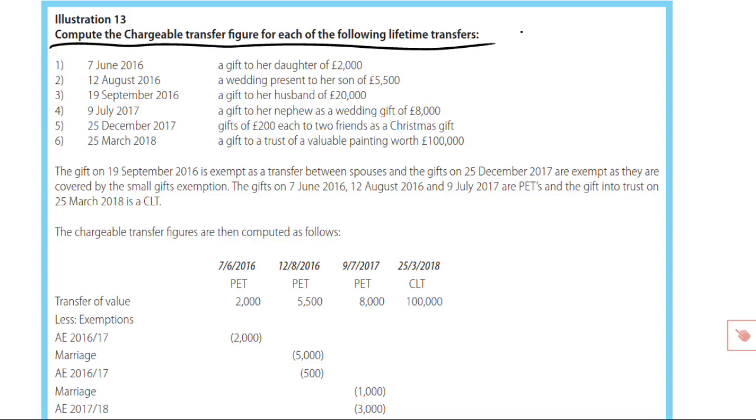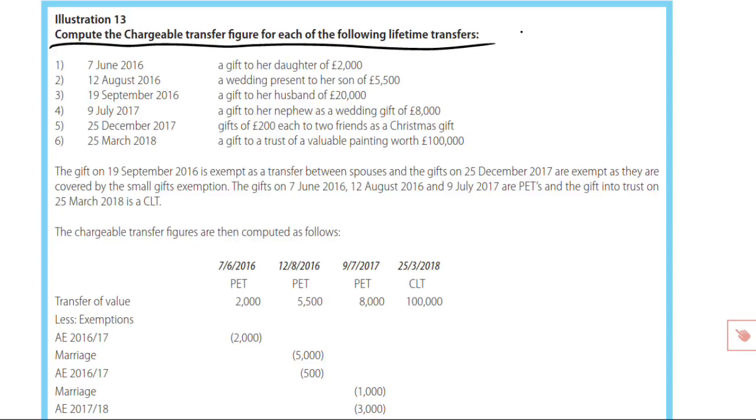In relation then to the later death of the taxpayer, what additional tax on the CLT, and what tax then becomes payable for the one and only time on those PETs made within the seven years of the date of death. So individual two-mark objective test questions built around the overall scenario, but they take you through it, requirement by requirement.